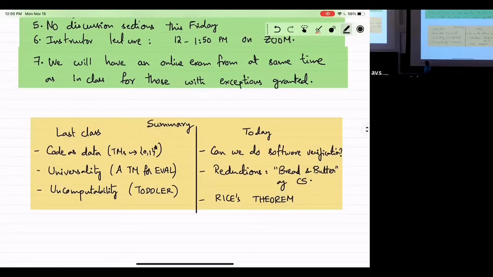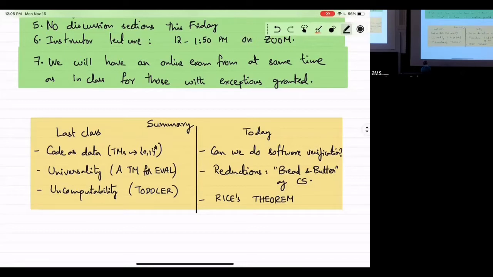One was universality, that there's a Turing machine that can simulate all Turing machines in the form of being able to compute the eval function. And we also saw the toddler function, which gave us uncomputability, right? There is some function that no Turing machine can compute, okay?